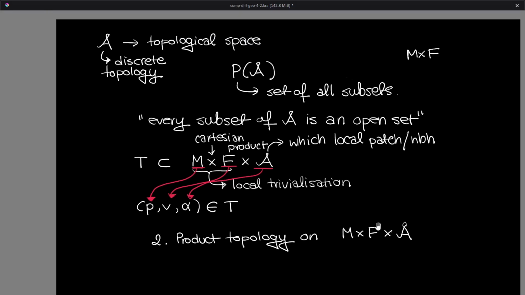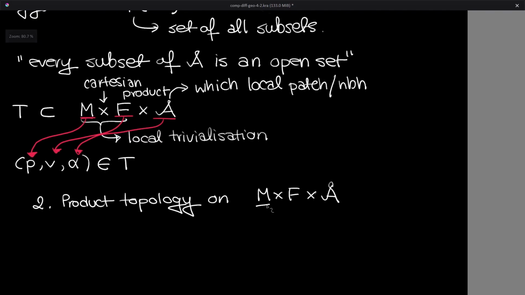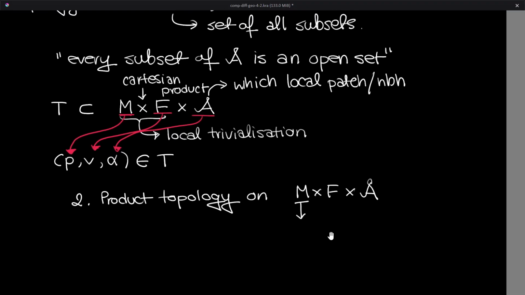Remember what we needed for turning A into a topological space. We needed to give it a topology, which means that we needed to define what the open sets on A are. In order to figure out what the open sets on M cross F cross A are, we already know that M is a topological manifold, and so it's a topological space, and so M has open sets defined on it.